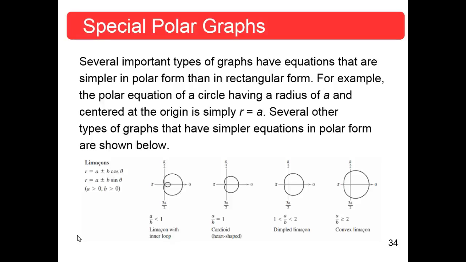This one's going in the opposite direction. The dimpled is if a over b is between 1 and 2. In other words, a is greater than b, but not twice as great as b. And then the convex limaçon is when a is more than twice b.